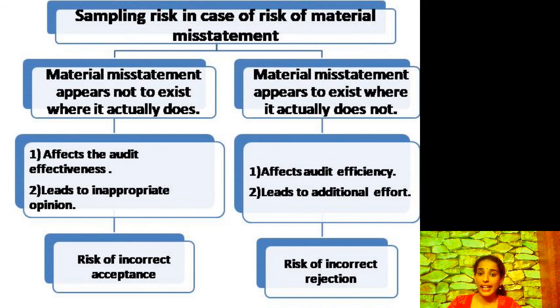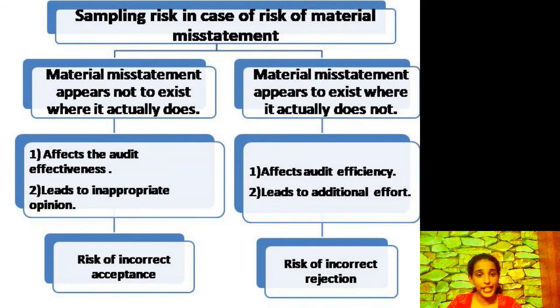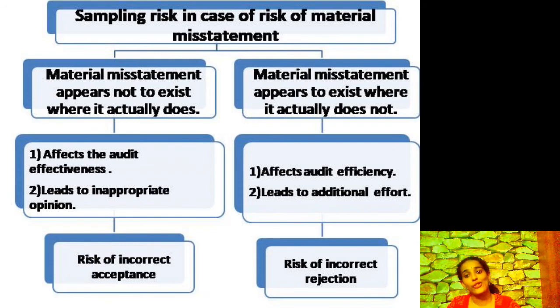But in the actual scenario, this is a case of fraud, a case of theft, as a result of which there is an 80,000 turnover loss to the company. Similar to the case of controls appearing more effective than they actually are, your audit effectiveness is affected and it also leads to an inappropriate opinion.